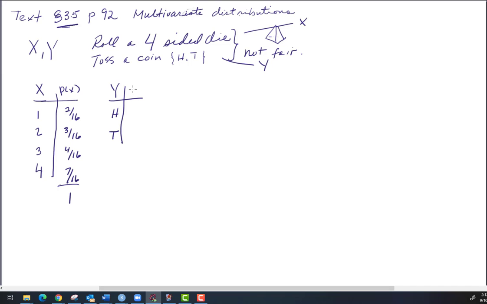And then the y would be heads or tails, and it's not a balanced coin either. So p of y, just suppose, is 3/4, 1/4, and we want to consider the joint distribution.